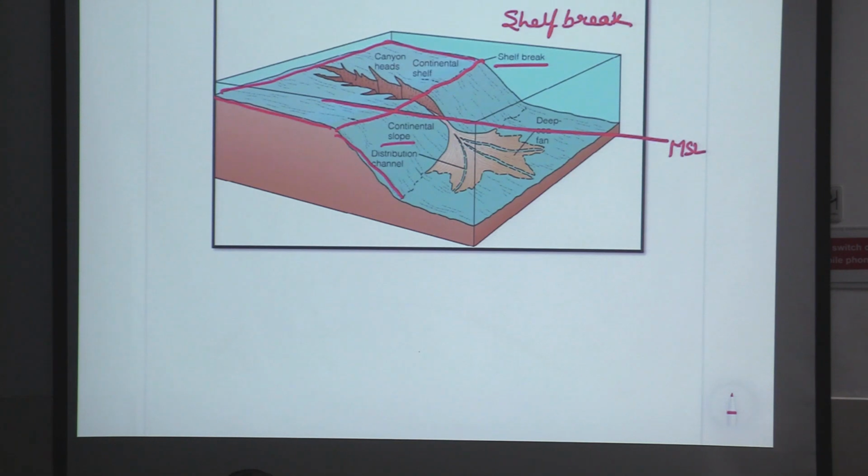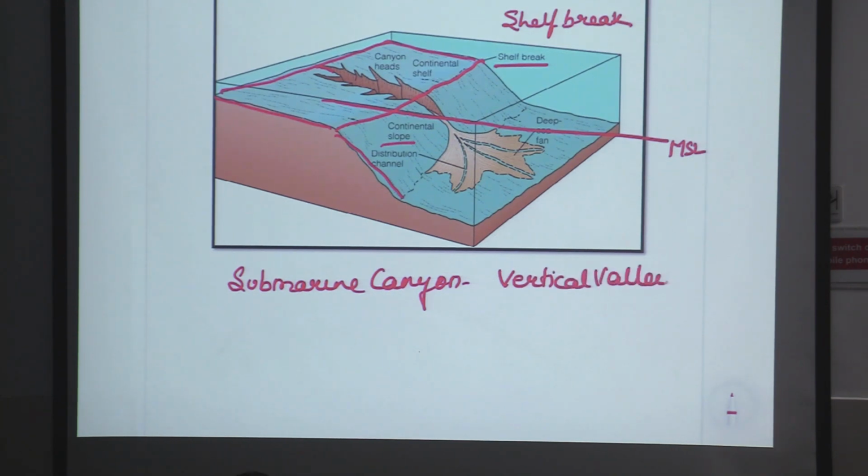Now carefully notice this feature, the submarine canyon. Actually, the submarine canyons are vertical valleys that are found both on continental shelf, you can see it here, as well as continental slope, you can see it here.